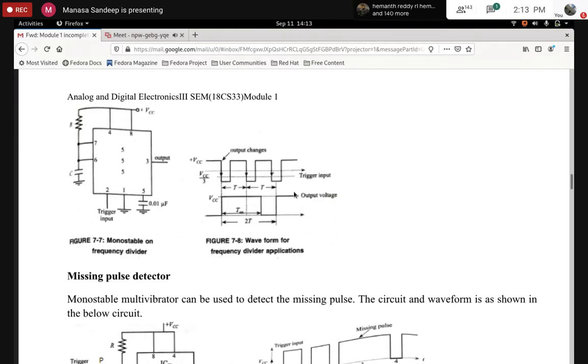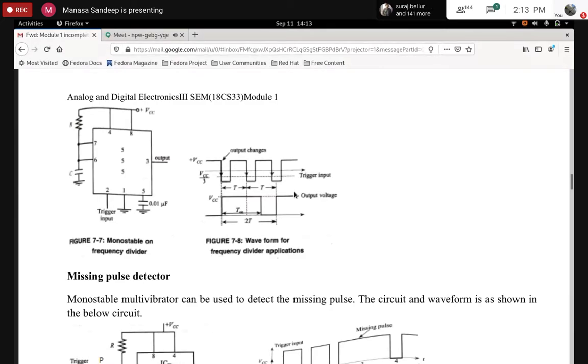As soon as this first negative going trigger appears, we know that the transistor will be disconnected, and the output of the SR flip flop present inside the 555 timer will be 0, so that Q bar will be 1. Once Q bar is 1, that Q bar corresponds to pin number 3, which is nothing but the output of the monostable multivibrator. These things we have already seen, right?